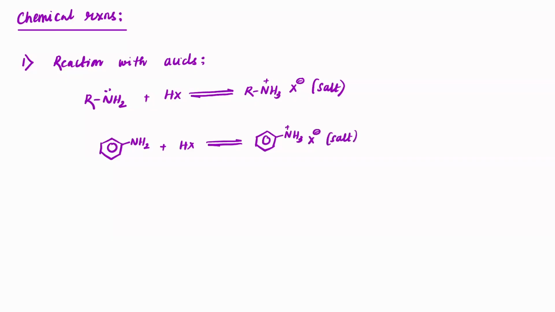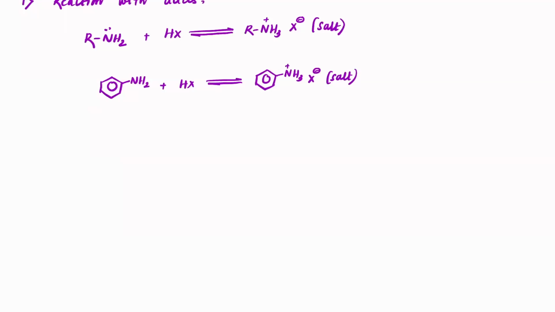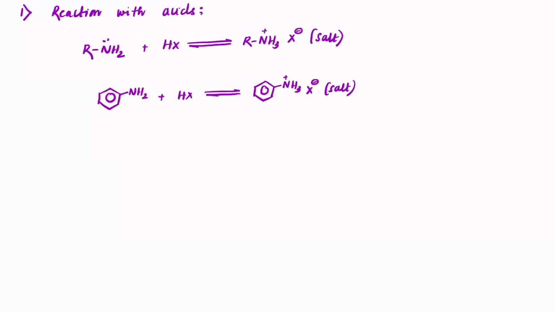Now this is one very interesting part of what we can do here. If I want to get this amine back once again, simply take this salt, that is NH3 plus and X minus here, and react it with NaOH. The minute you add aqueous NaOH, it will get back to the original form, which is aniline, plus NaCl plus H2O.